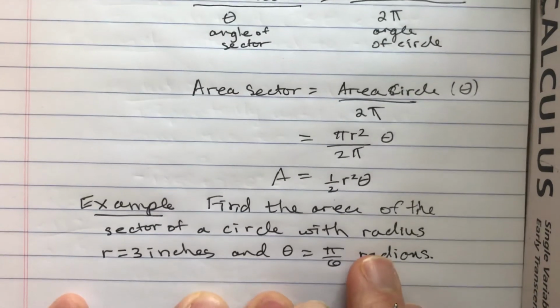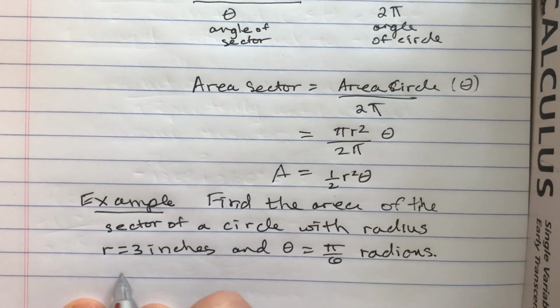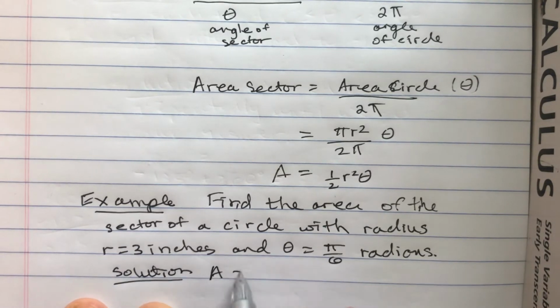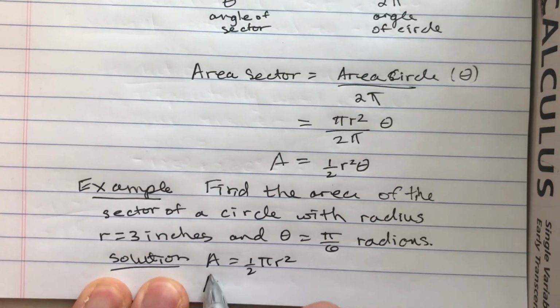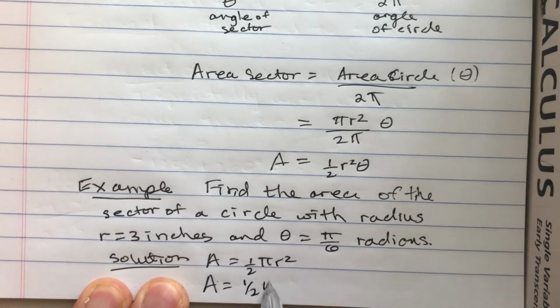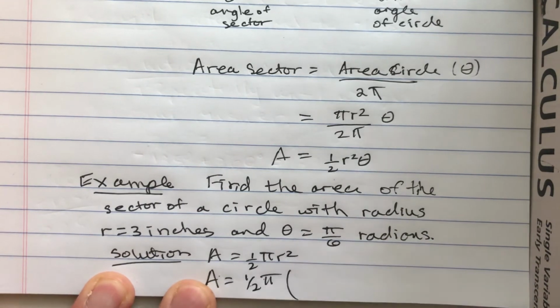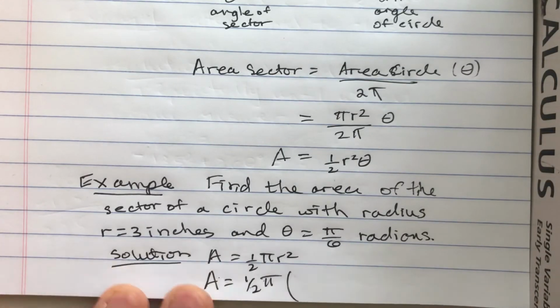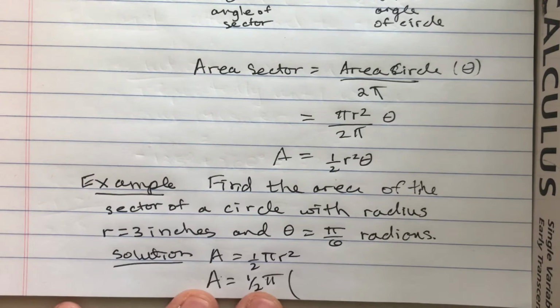And almost always we don't write the word radians. So therefore the solution is that we use the formula. I would say most people don't remember this formula, but we use this in Calc 2 when we find areas. We do more things with trigonometry and circles.